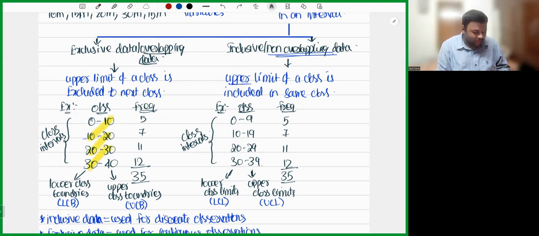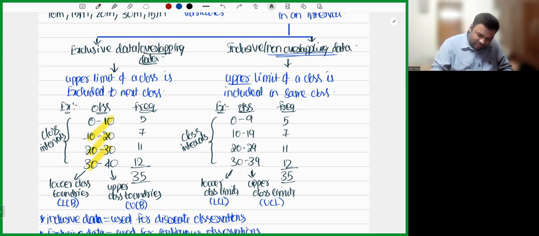Now, sir, why have you given the names inclusive data and exclusive data? I'll tell you in one minute. I'm opening the ICAI material so that I can solve one question where I'll be converting the data into inclusive and exclusive. When converting the data, the most important thing to see is the class interval length.